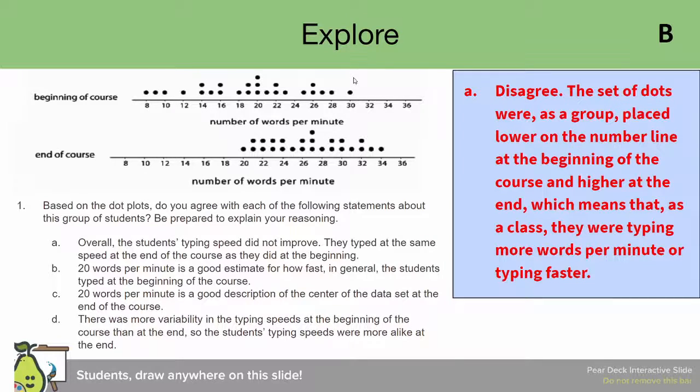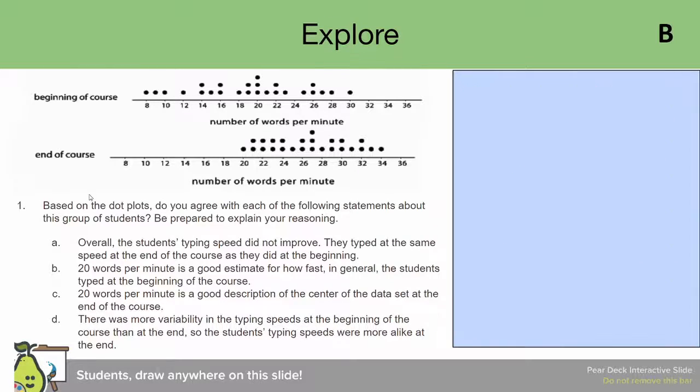That's an observation that you made in the beginning of this question before we even looked at the different parts. We also noticed that at the end of the course, the majority of the students are all pretty much clumped up in one spot. So definitely, the typing class has helped these students. So we're going to have to disagree with part A. Good job.